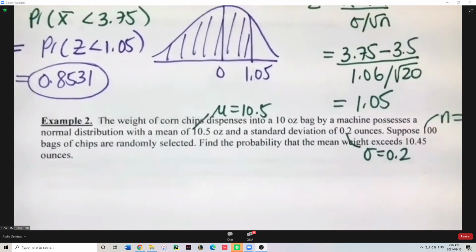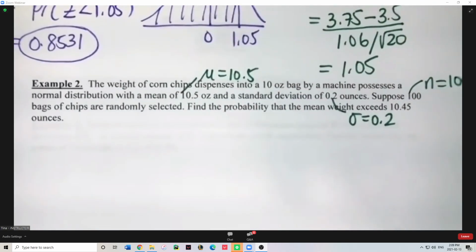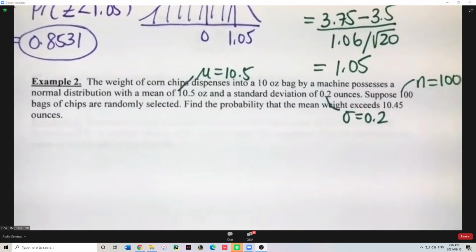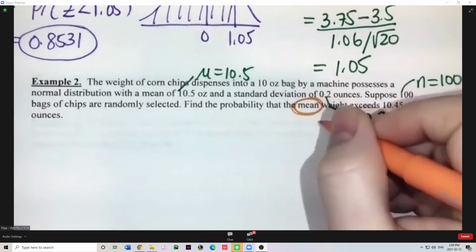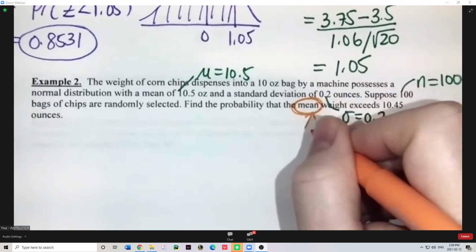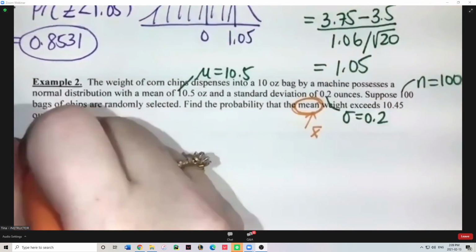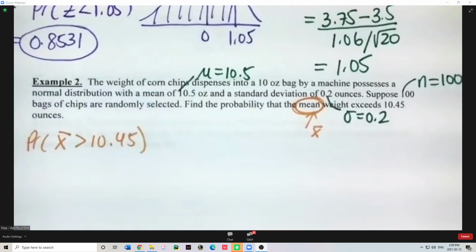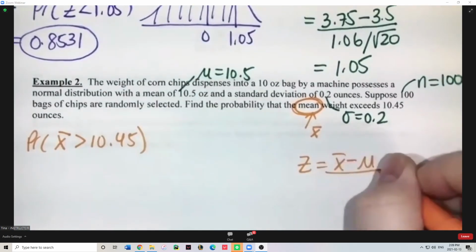Find the probability that the mean weight exceeds 10.45 ounces. So we know this is the special formula that has the X bar in it because it says mean. So it has to be X bar. So we want probability mean greater than 10.45. So sub it into your formula and see what you get here.